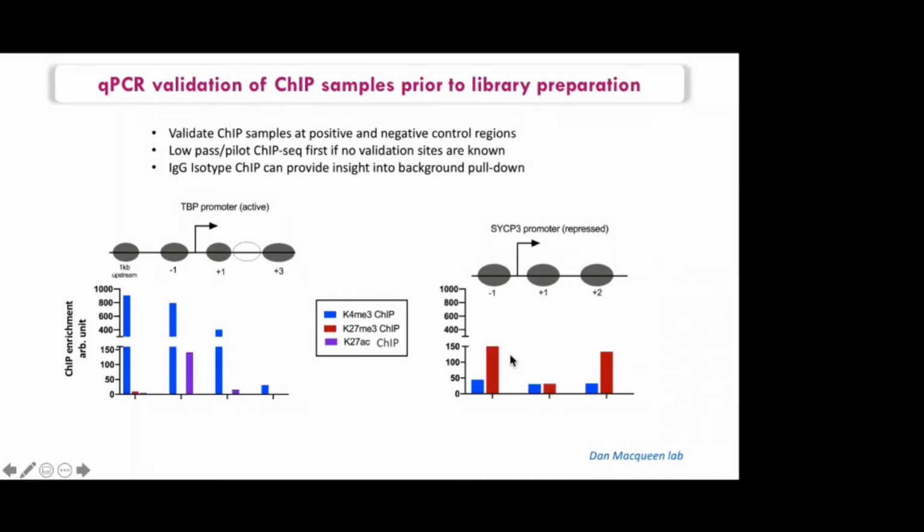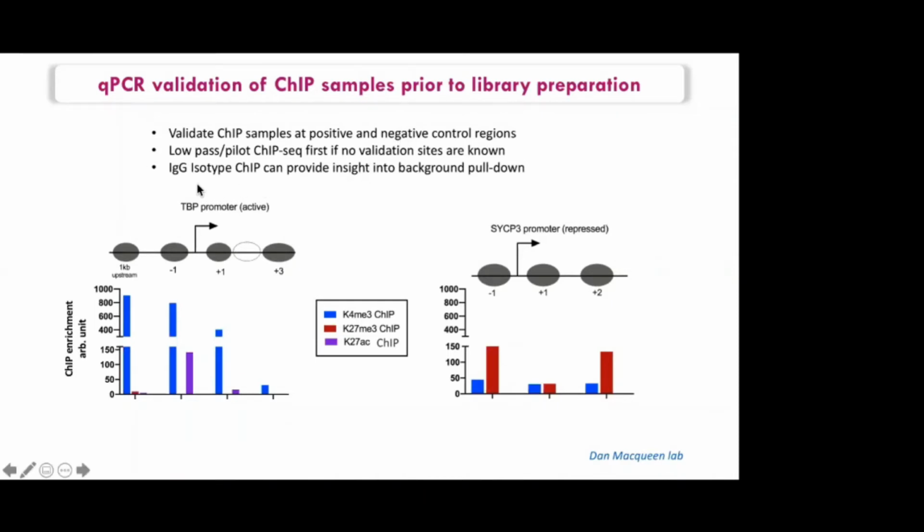So it's a good idea, but sometimes you'll be working with a not very common model organism, for example, in aquaculture. A good idea is to go for a low pass or pilot ChIP-seq first to get to know some of the common well-known sites in the genome, and then design primers for the later ChIP validations.